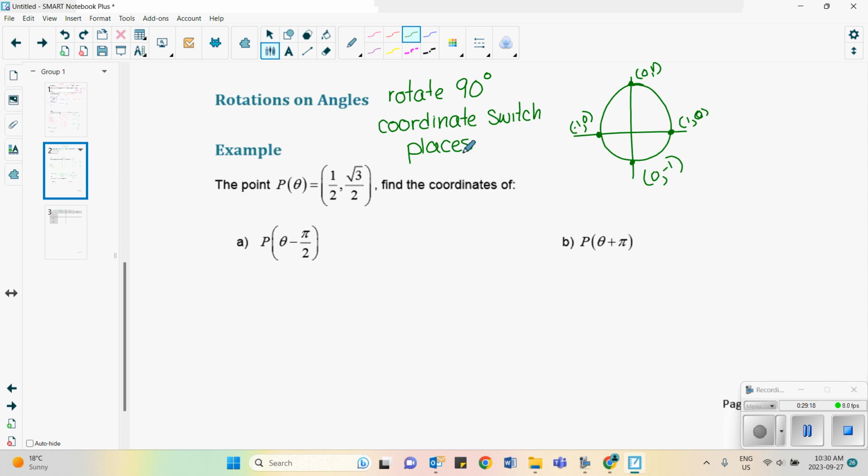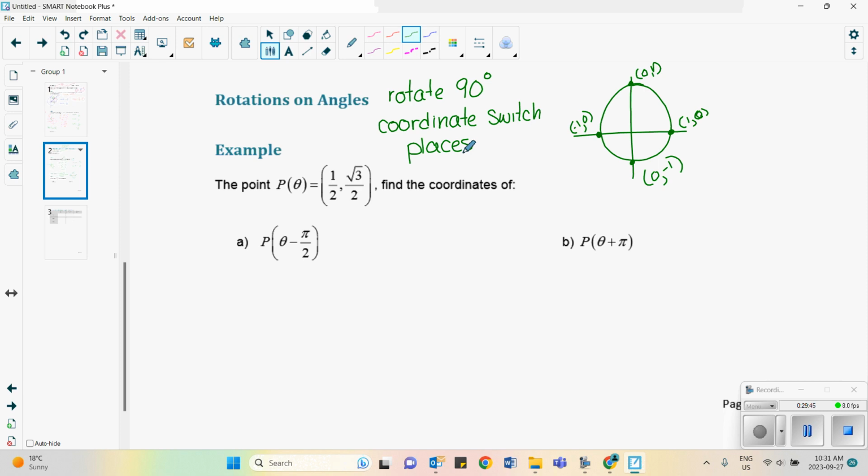So that one's going to be 5 pi over 6. And I know my x is longer than my y is tall, so that's going to be negative root 3 over 2 and 1/2. So that's a strategy that I use: I do my tall, long. If I can draw my picture, that helps me remember.